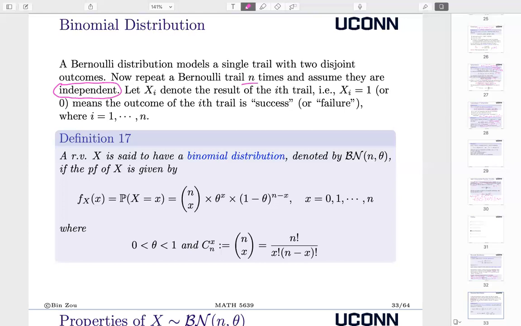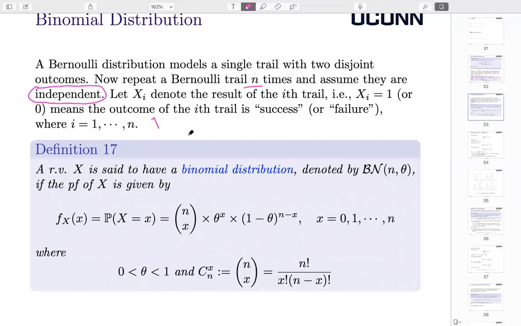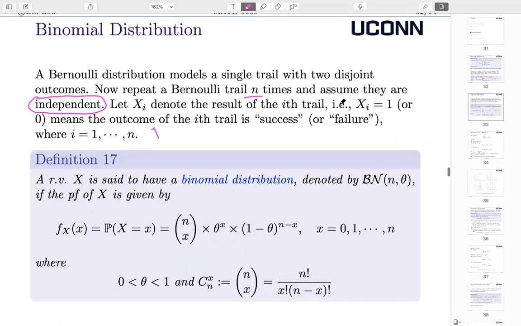We want to know the total of all trials. So obviously what we are trying to do is sum up the results of all trials. That means what I'm interested in is x1 plus x2 all the way to xn.